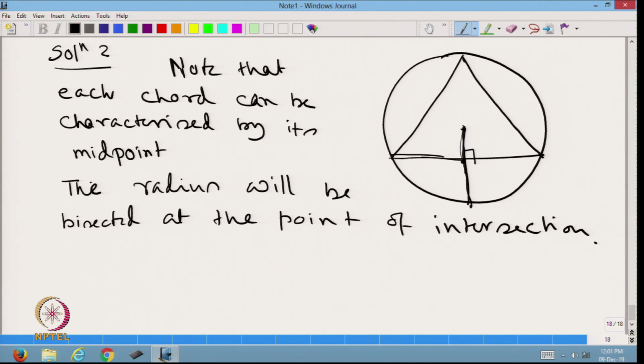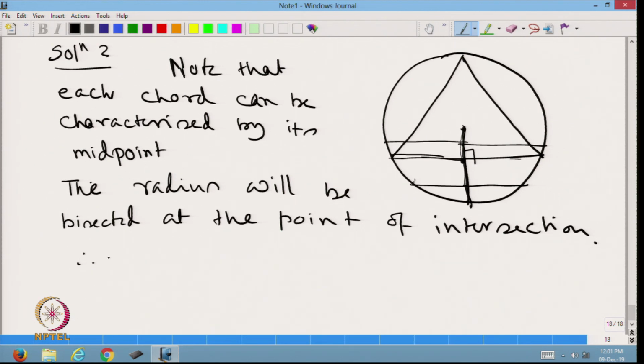So, corresponding to this radius, we can say that the chord will be of length bigger than the side of the equilateral triangle if its midpoint is somewhere above the point of intersection, and the length of the chord is going to be smaller than the side of the triangle if its intersection with the radius is somewhere below this point.